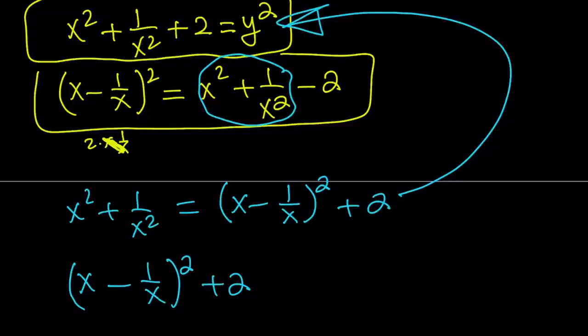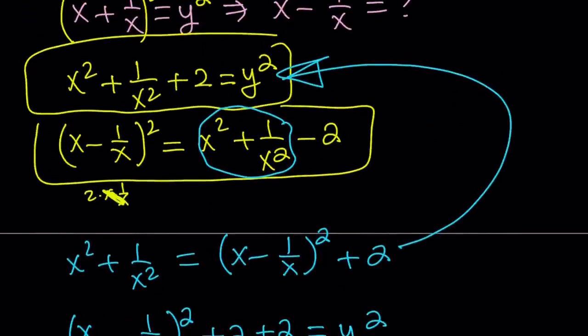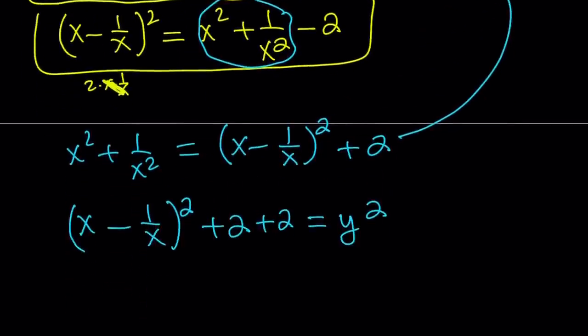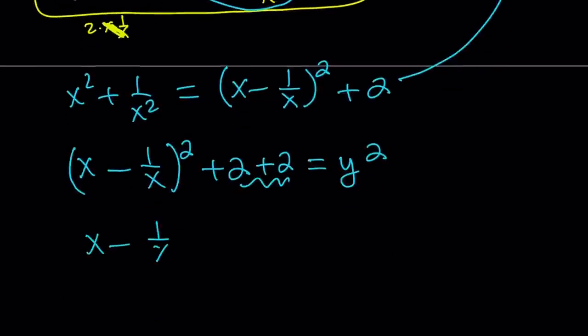And then I have to add another 2 to it, right? And that is going to become y squared. Awesome. Now, remember, I was trying to get the x minus 1 over x. So here's what I would like to do. This is 4, so let's subtract 4 from both sides. And we get y squared minus 4.